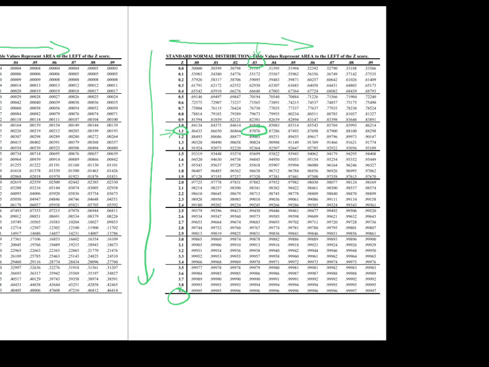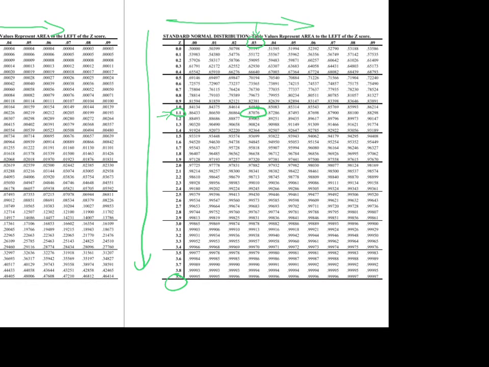So what that right there is representing is that a z-score of 1.13, this 3 is coming from that hundredths position right here, relates to a probability or a percentage to the left of this value of 0.87076, or about 87%.